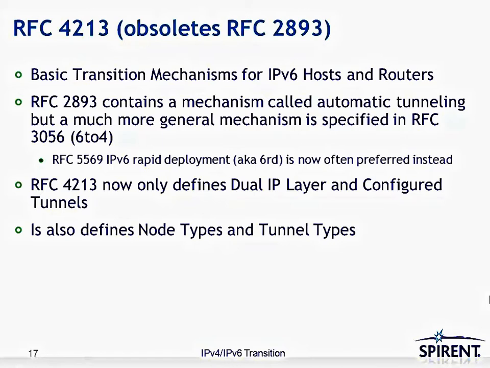Although RFC 5569, which is 6RD or IP version 6 rapid deployment, is now preferred over 6to4, and we'll discuss more about that in the second part of this topic. So now RFC 4213 only defines dual IP layer and configured tunnels, so it has no reference to automatic tunnels anymore. It also defines node types and tunnel types.